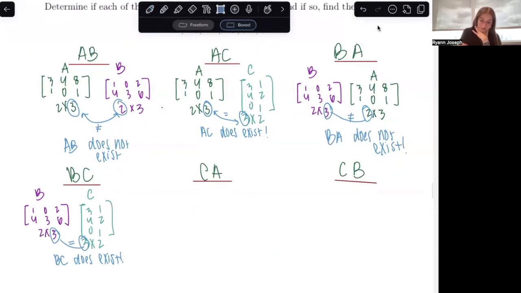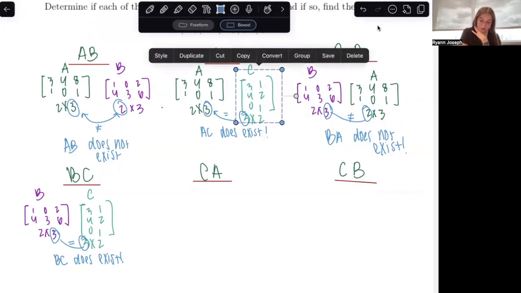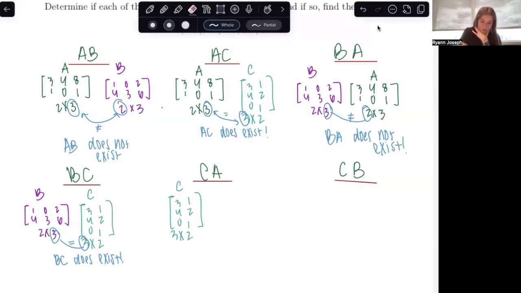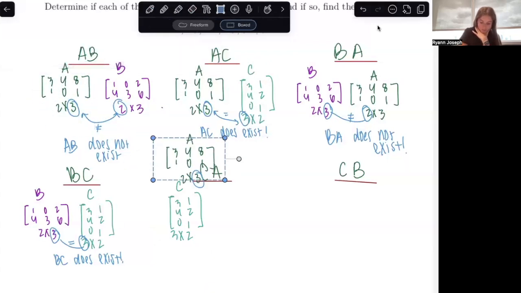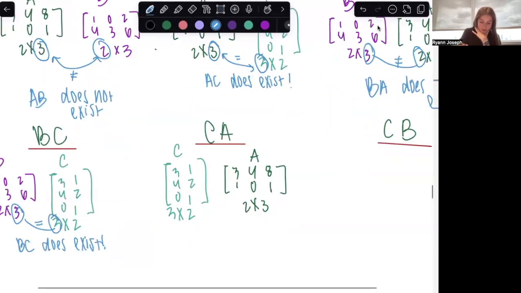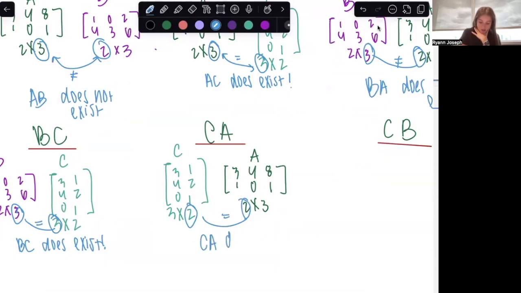CA, C, A. Comparing my inner numbers, 2 and 2, those are equal, so CA does exist.